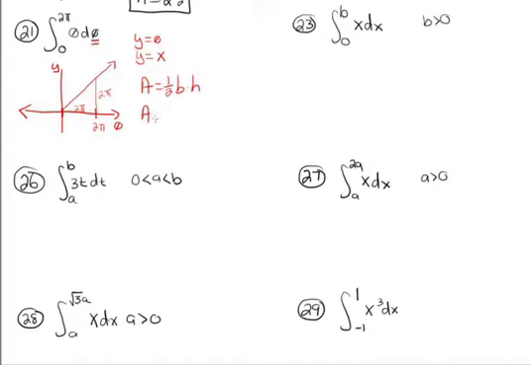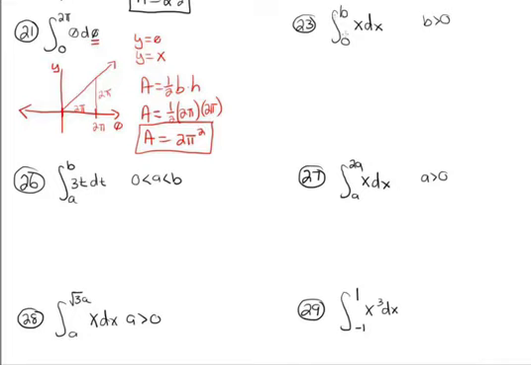Area equals 1/2 of 2 pi times 2 pi. So 4 times 1/2 is 2, and pi times pi is pi squared. So I appear to get an answer of 2 pi squared.